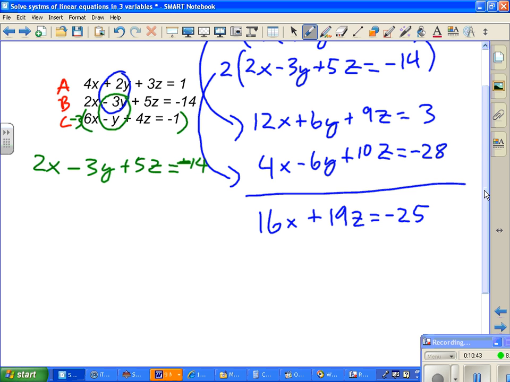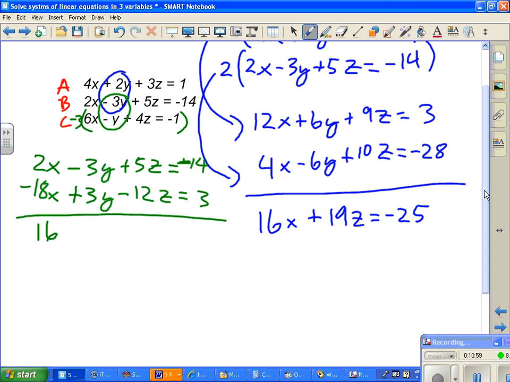So negative 3 times 6 is negative 18x plus 3y minus 12z equals positive 3. Now we add these up, and I end up with negative 16x minus 7z equals negative 11.